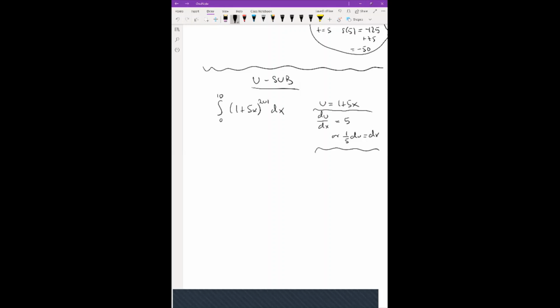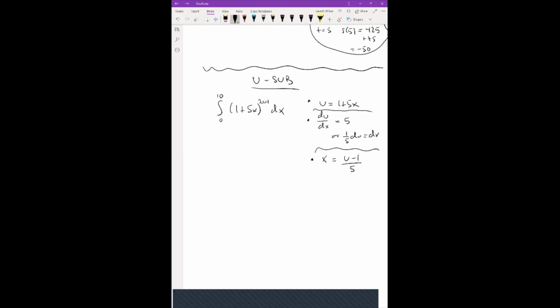And you could solve for x, then x is the same as u minus 1/5. But this is something we will not need at this point. So these are the 3 steps for U substitution.